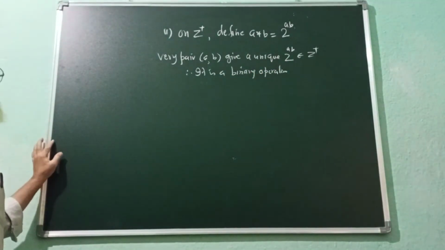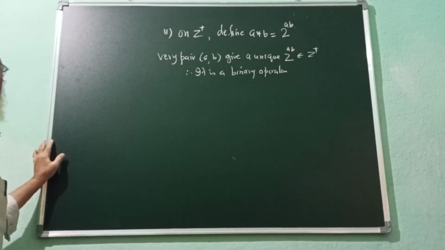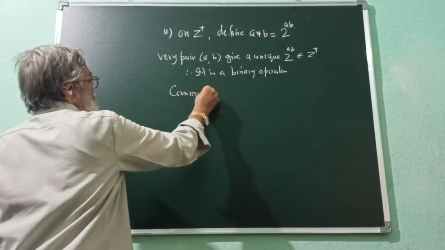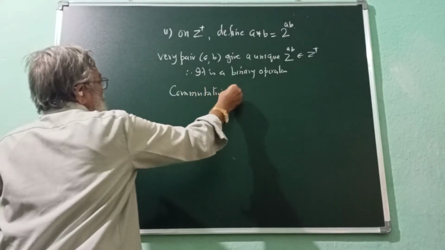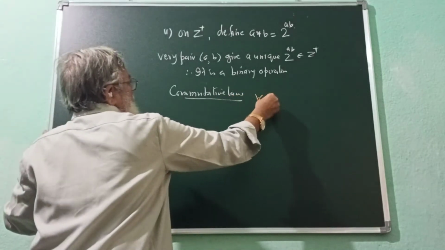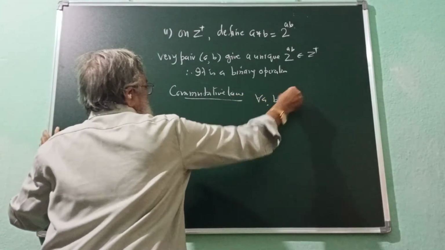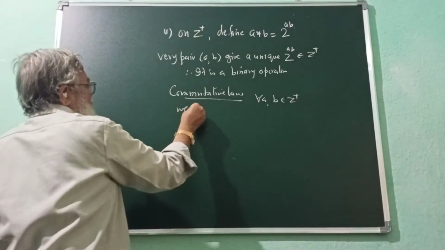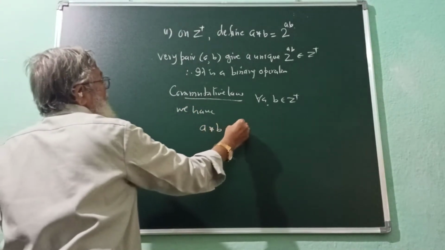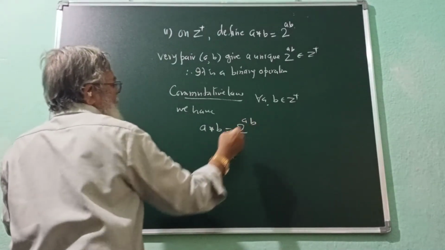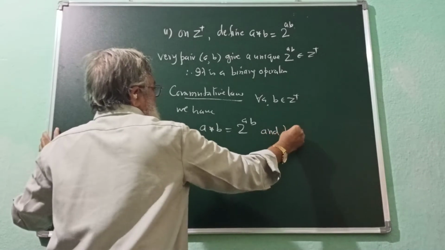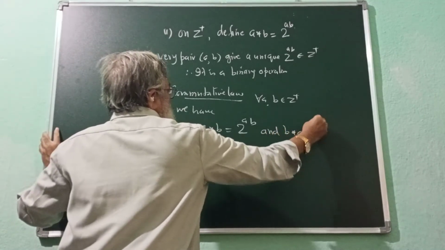Next, let us check up for the commutative law. Look here. For every AB belongs to Z plus, we have A star B is equal to, by the definition, 2 raised to AB. And if you take B star A, then 2 raised to BA.